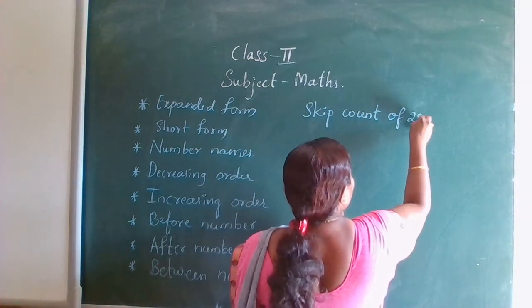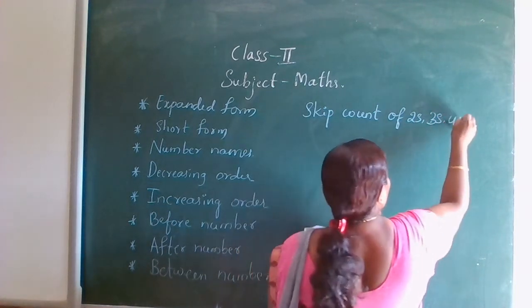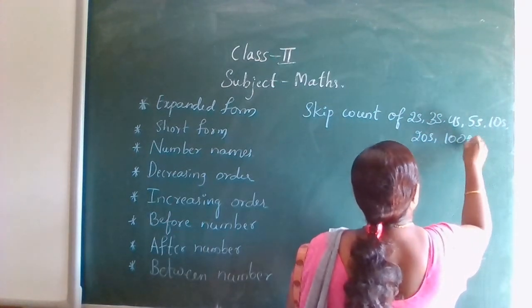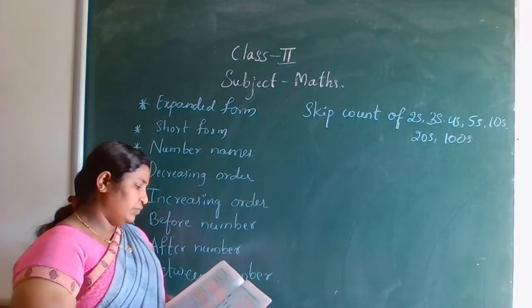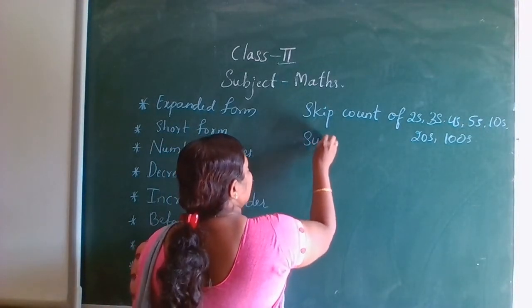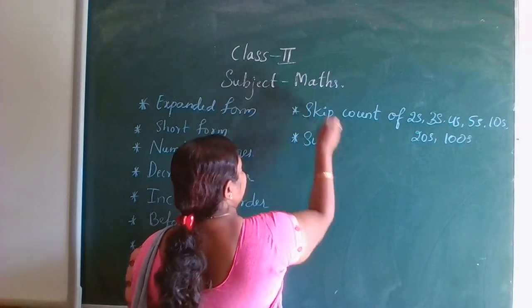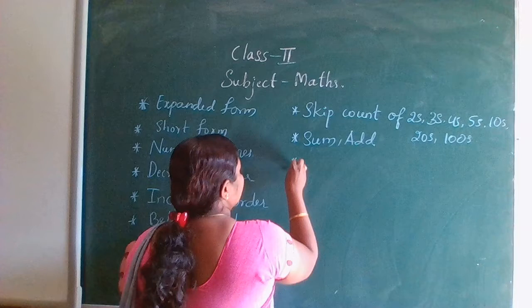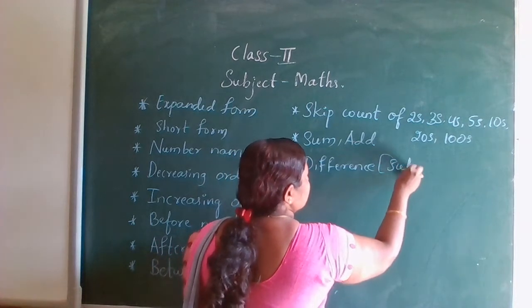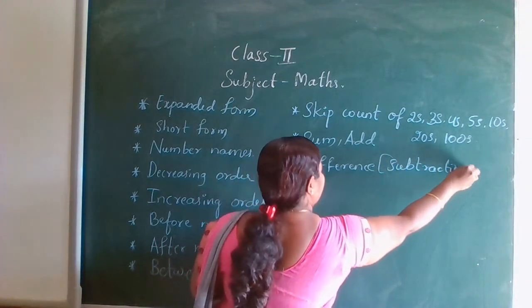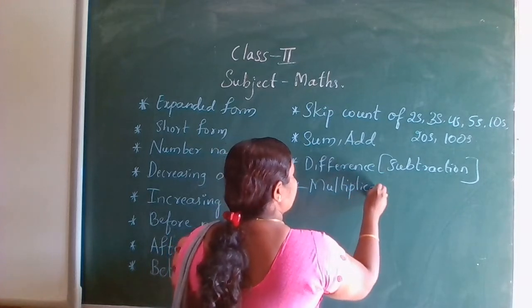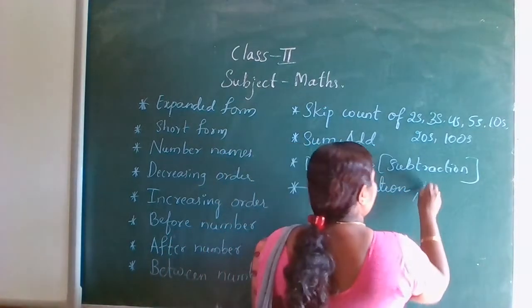of 2s, 3s, 4s, 5s, 10s, 20s, 100s, and then sum are addition, add, difference are subtraction, and multiplication, or product.